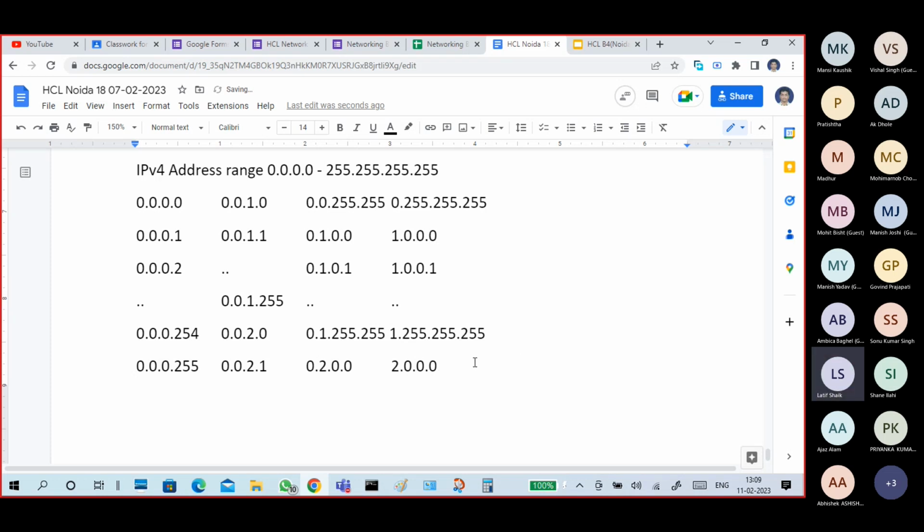Of course, finally we reach 255.255.255. Okay, guys, so this is what I'm trying to say. The IP address is starting, the IP address is ending, and remember, no octet is more than 255.